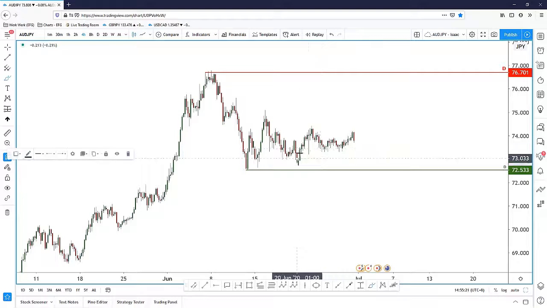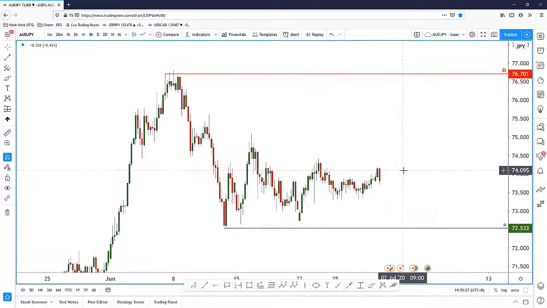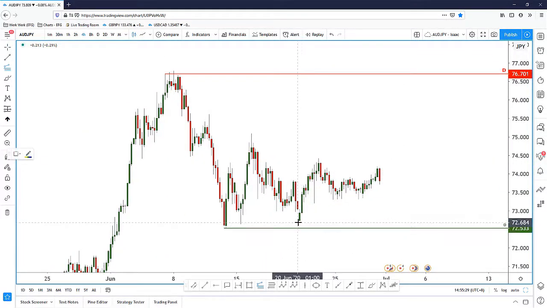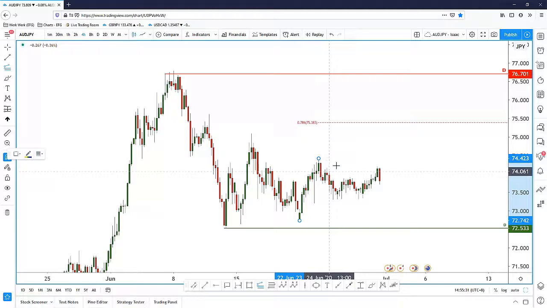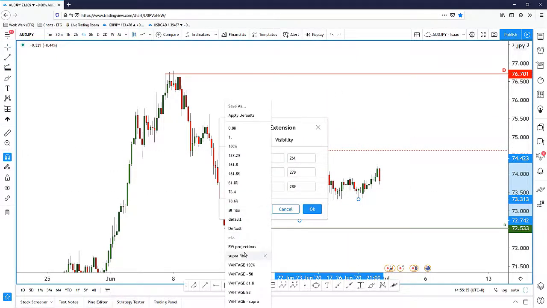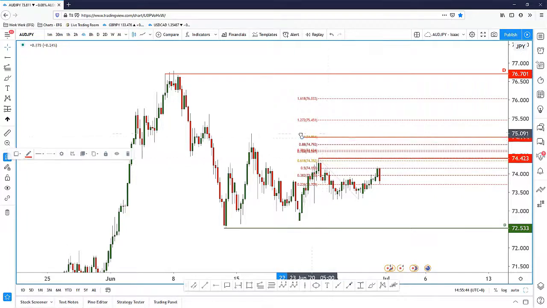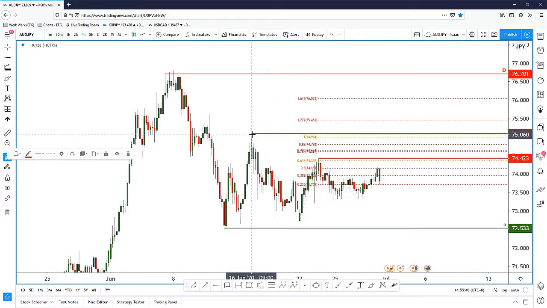Okay, what is more important is that there is sort of a zigzag pattern, and we see a zigzag pattern like that. We use Fibonacci extension from low, 0.1, 0.2, and 0.3. And let's open all Fibonacci ratios. And we see that the 61.8 is actually over here, yet to be broken, with the 100% all the way somewhere over here.